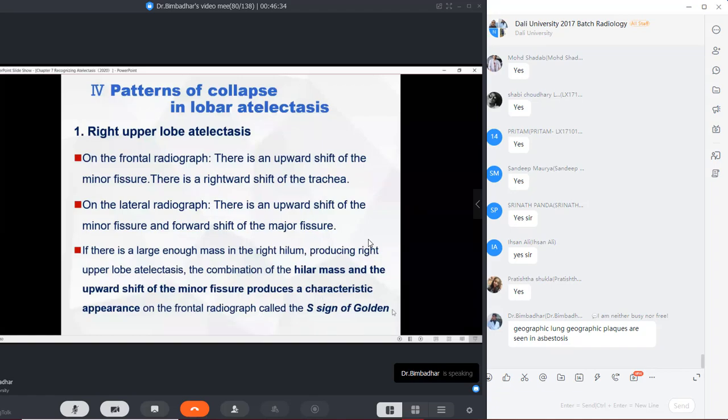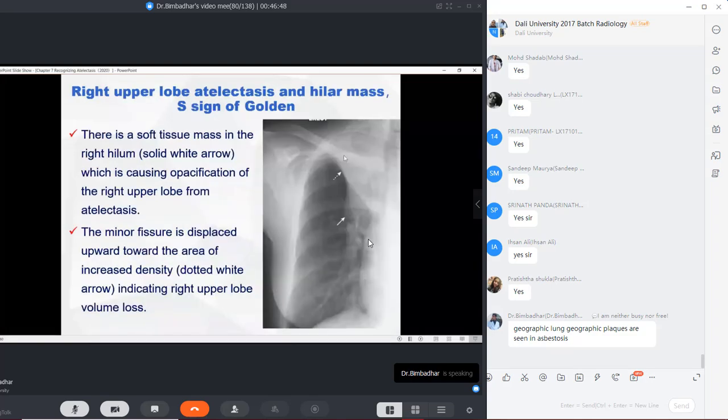Remember, this is the first sign that we are going to learn. It is a very, very characteristic feature. Do not ever forget, there is a mass. You will understand when you see it in the picture. See here in this picture, there is a mass, and there is an atelectasis, which indicates the shifting of the minor fissure.